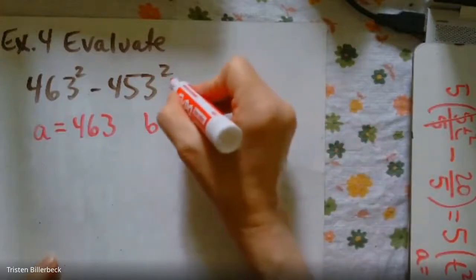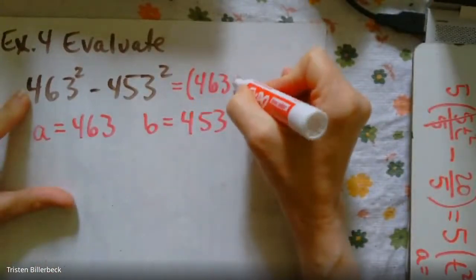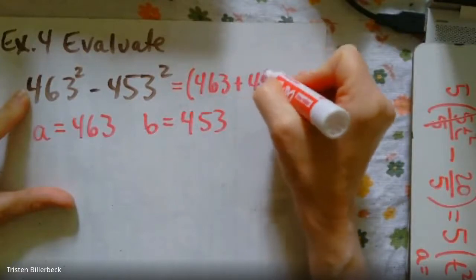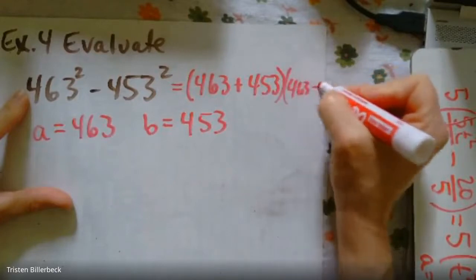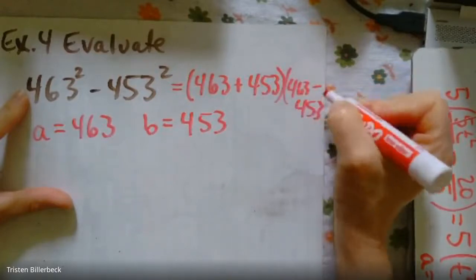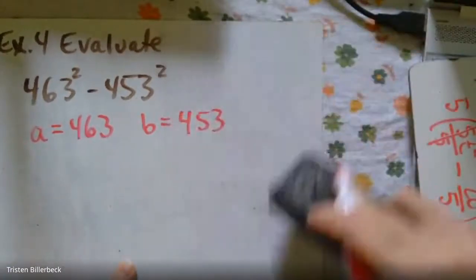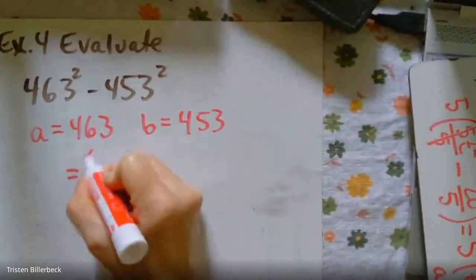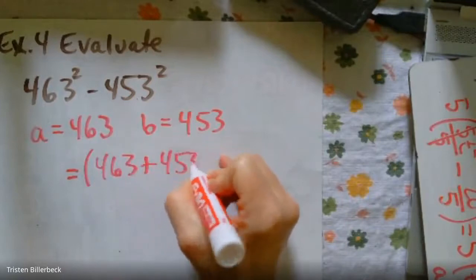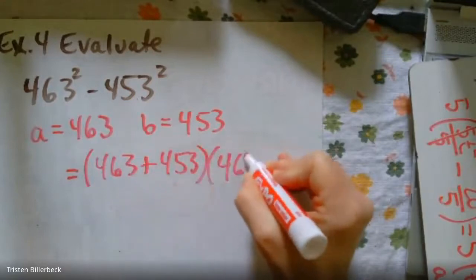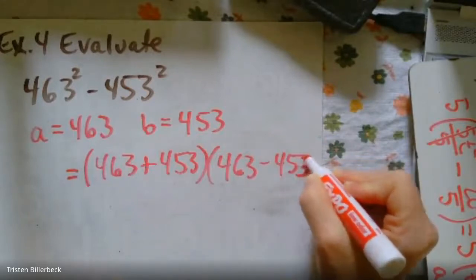So this is just 463 plus 453 times 463 minus 453.